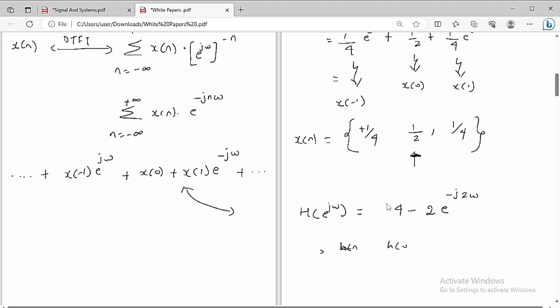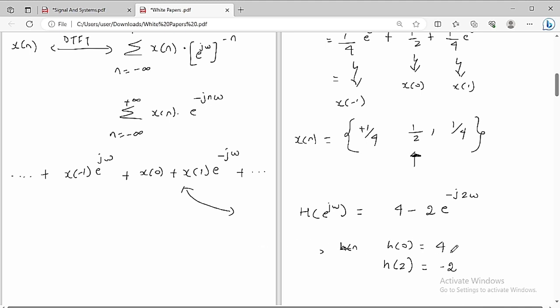Therefore h of 0 is simply 4. Then minus j 2 omega means n is equal to 2, so h of 2 is minus 2. The remaining values are 0.